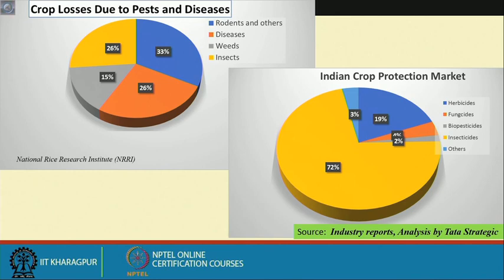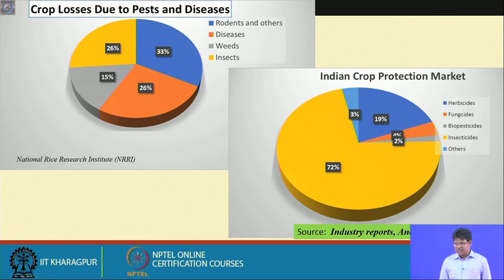And if you see the use of pesticides, the synthetic insecticides and pesticides or the biopesticides in the Indian market, the maximum use is of insecticides. This we also discussed in the first class.